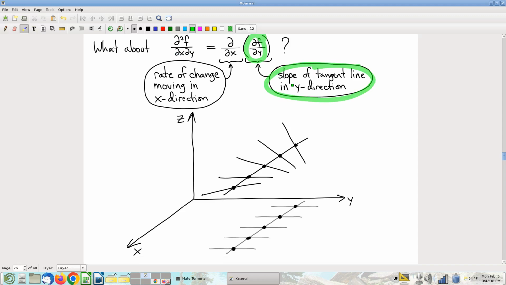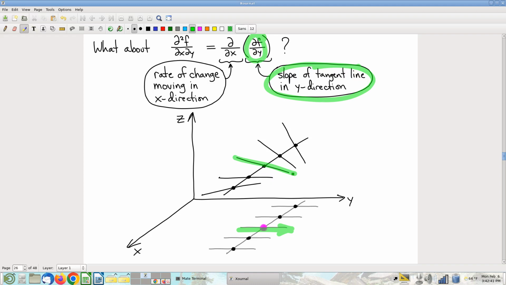So again, we're in the graph context, and if I'm at a point, let's say there, and I want to talk about what the y partial looks like on this picture, I look in the y direction, and in that direction I look for the tangent line to the graph. It's going to be some line like that, and the slope of that line is what the y partial is.